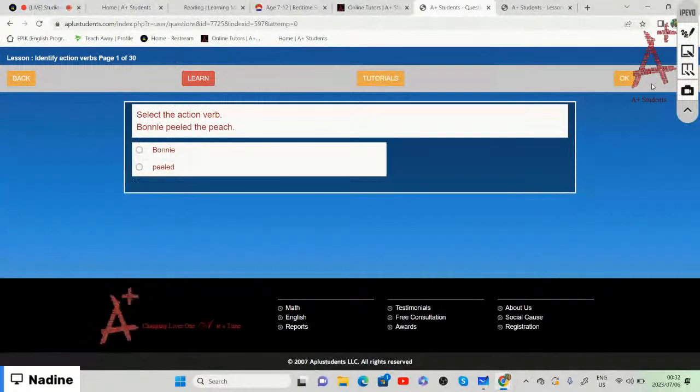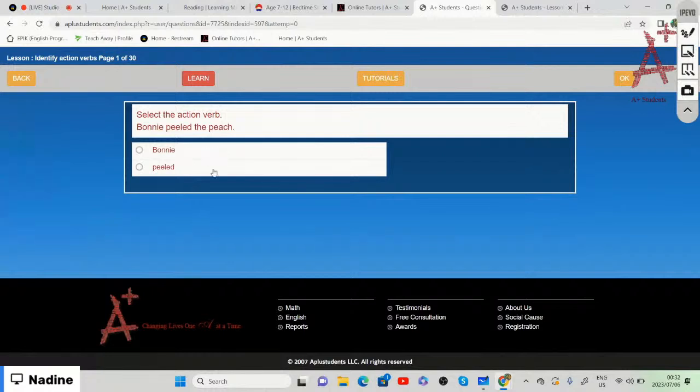All right, so when we're identifying action verbs, it says we need to select the action verb. Bonnie peeled the peach. Is it Bonnie or is it peeled?